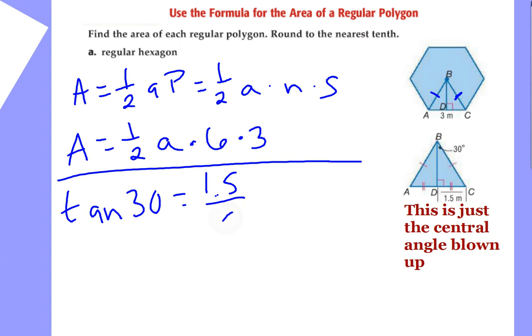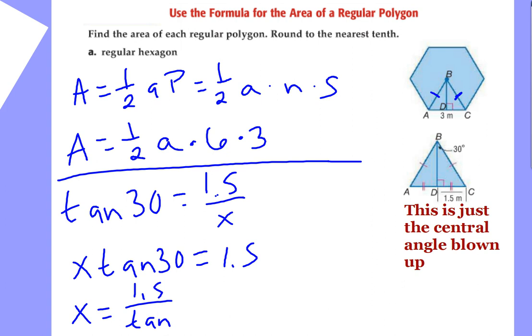I don't know what it is. We get to find it. And so we end up seeing that we get x times the tangent of 30 equals 1.5. So x will equal 1.5 divided by the tangent of 30.